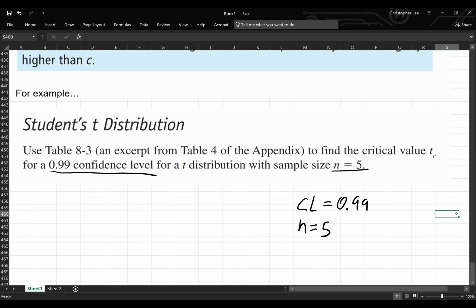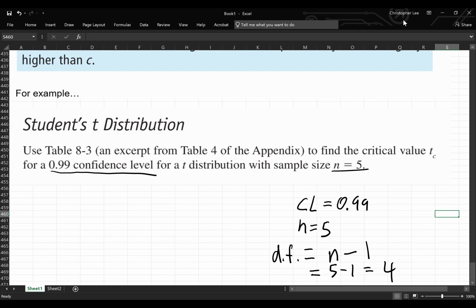All right, we're gonna take a look. Real quick, if my n is 5, then my degrees of freedom is equal to, not 5, my degrees of freedom is equal to, right? No. So degrees of freedom is n minus 1, right? So my degrees of freedom, excuse me, is 4. So it's gonna be 5 minus 1, which is equal to 4. That's it. Now we can look it up in the table, all right?